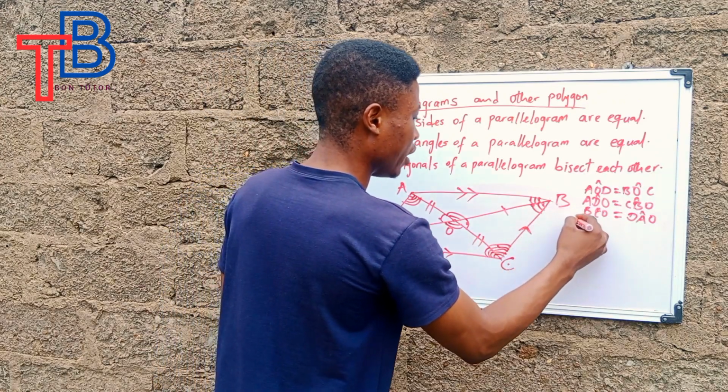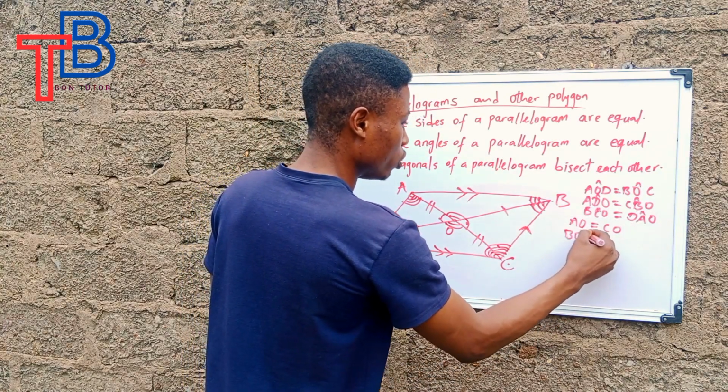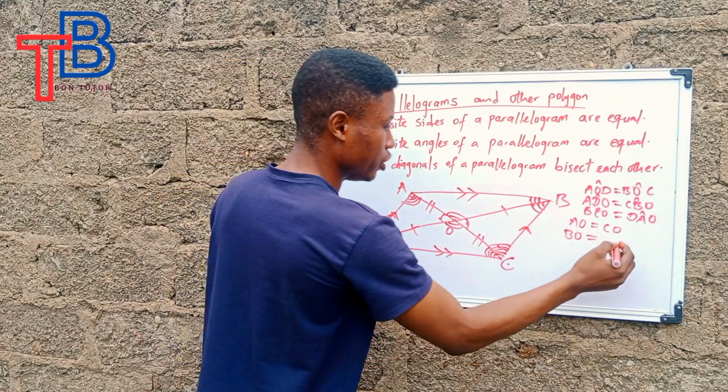That is, your line AO is equal to your line CO, your line BO is equal to your line DO.